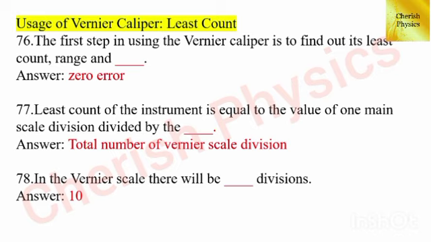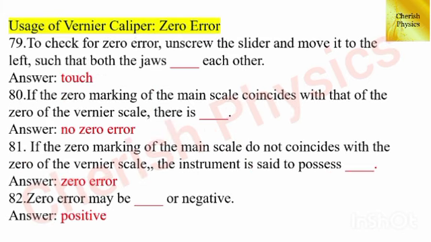Least count of the instrument is equal to the value of one main scale division divided by the total number of vernier scale divisions. In the vernier scale there will be 10 divisions. To check for zero error, unscrew the slider and move it to the left such that both the jaws touch each other.